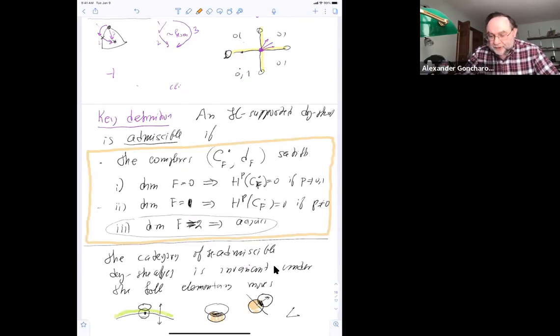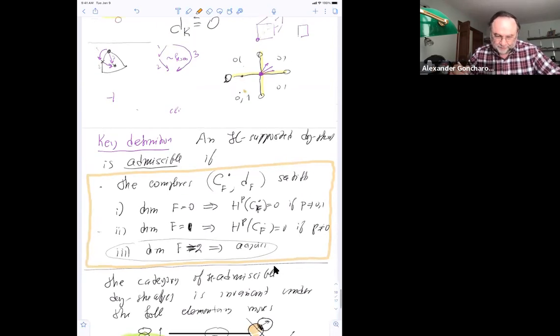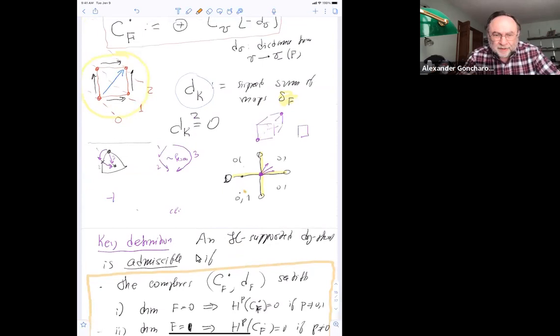And I try to explain what this definition means. This definition means that we're talking about a DG enhancement of constructible complexes which have certain properties, and their properties are that at generic points they have cohomology in degrees 0 and 1. And on these lines, if you look at these complexes, you have those maps here.